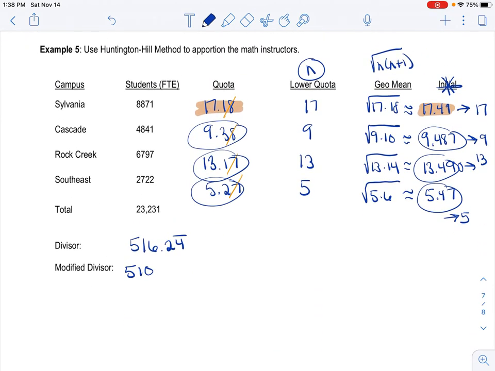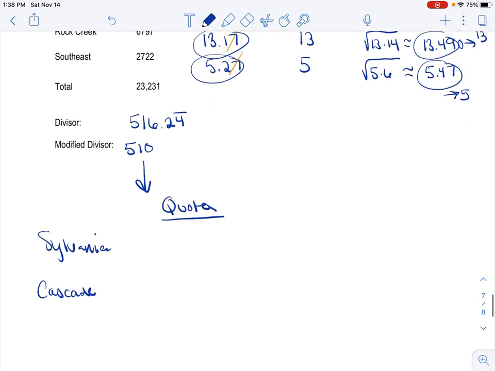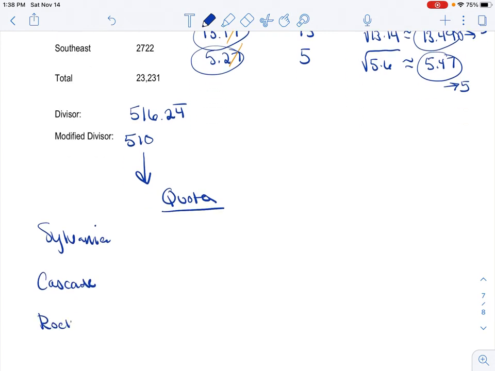All right, so I'm going to say my quota then. And let's actually label these so we know what we're talking about. Sylvania, then it went to Cascade, then Rock Creek, then Southeast. Okay.